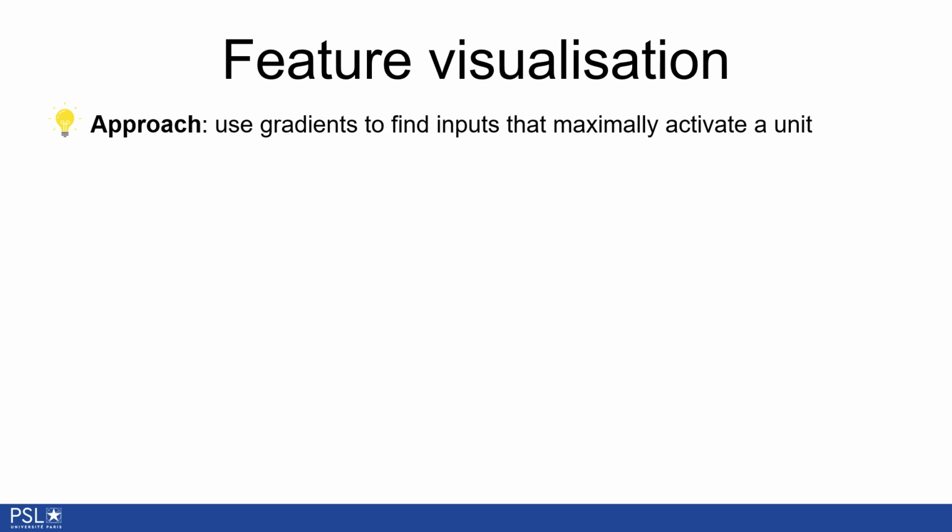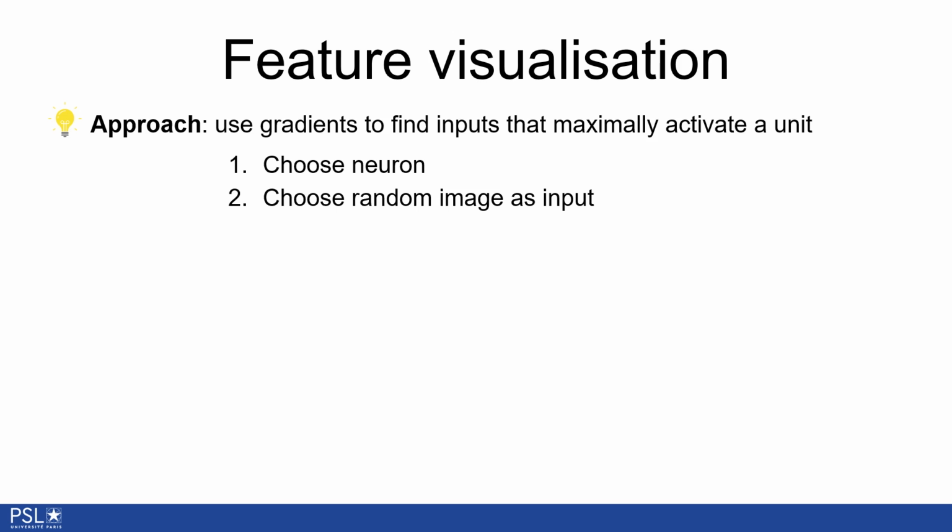So concretely, we choose a unit, a neuron in a given layer, and choose a random initial image as the input. Then we compute the differential, the gradient of the activation of this unit with respect to the pixels in the input.